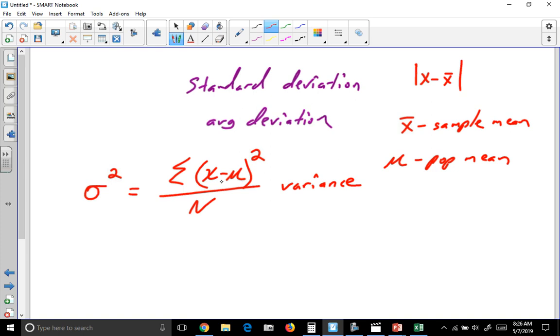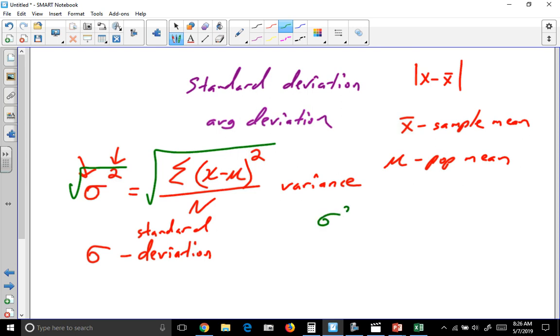And essentially the variance is the square of the deviation. So sigma stands for the deviation, or the standard deviation. Well, if we have something squared and we want to get rid of the square, we take the square root of both sides.